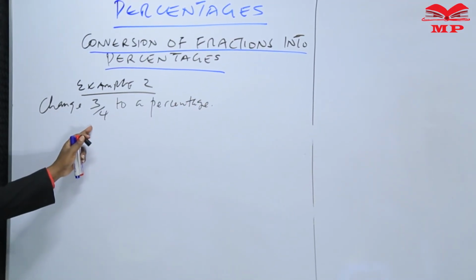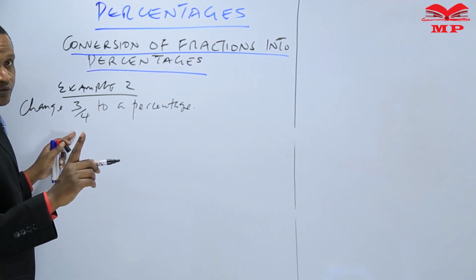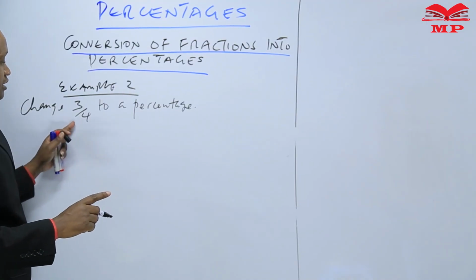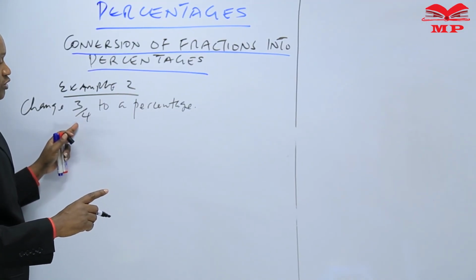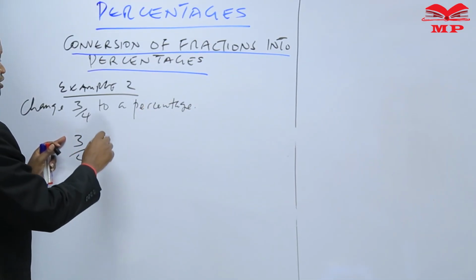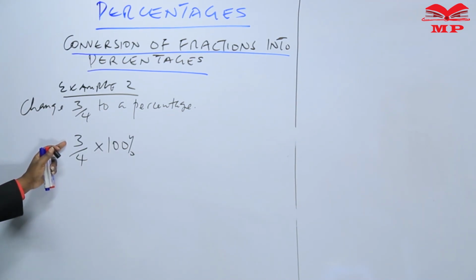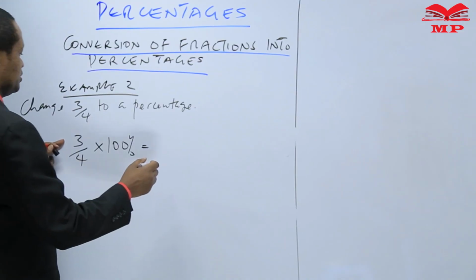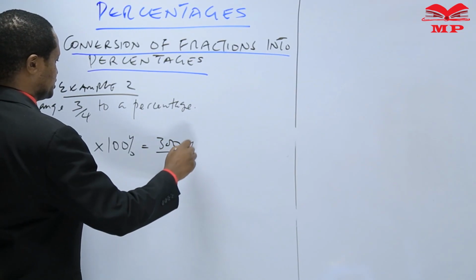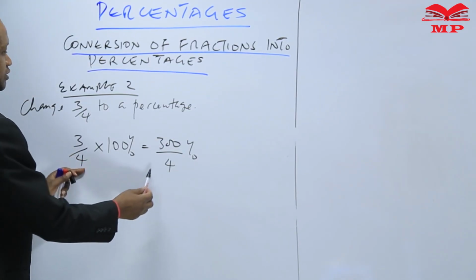How do you convert this into a percentage? Since 100% represents the whole, therefore 3/4 converted into a percentage, we'll take 3/4 times the whole. So this is equal to 300/4%. 3 times 100 over 4.